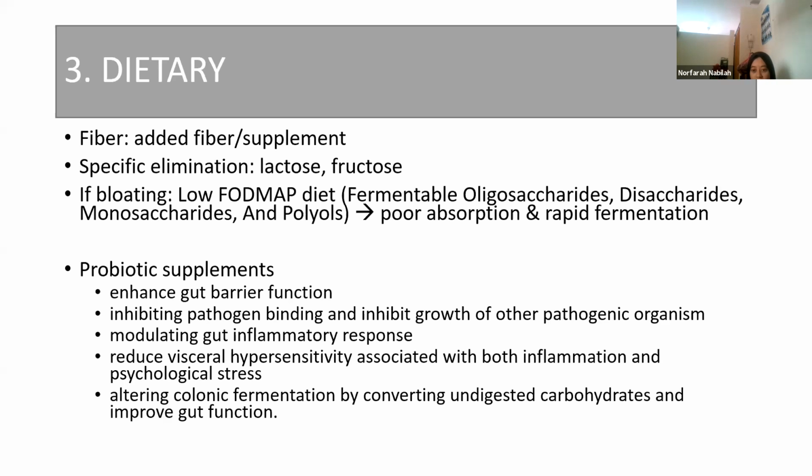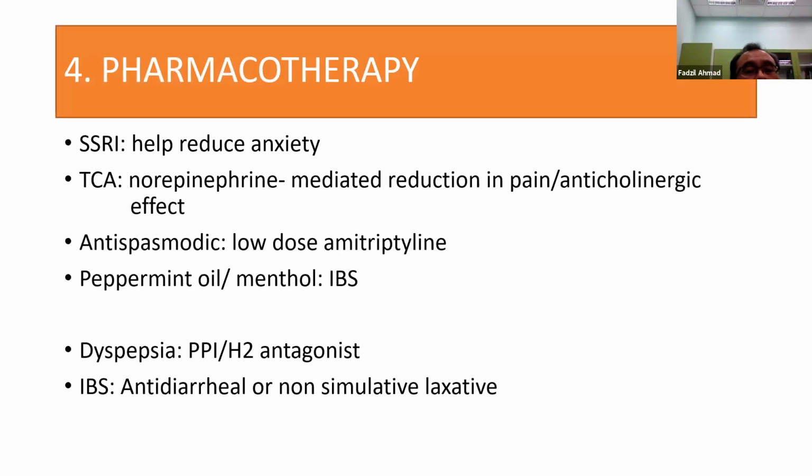Also, visceral hypersensitivity is one of the pathophysiologies of FAP. So by giving probiotic supplement, it can reduce the visceral hypersensitivity associated with both inflammation and psychological stress. And last, it also alters colonic fermentation by converting undigested carbohydrate and improves gut function. Okay. Next, pharmacotherapy.